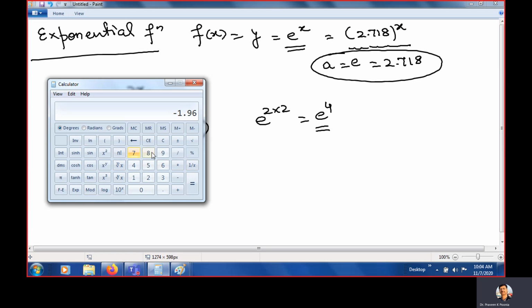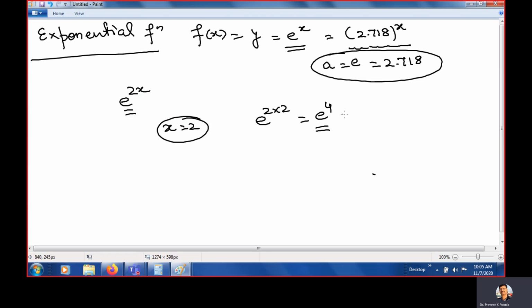E power x will be written here. Yes, this is e power x. You want to put 4 and e power x. So this is 54.59.